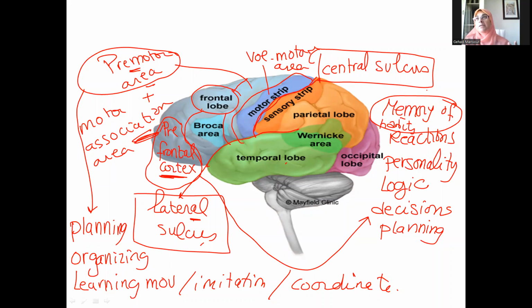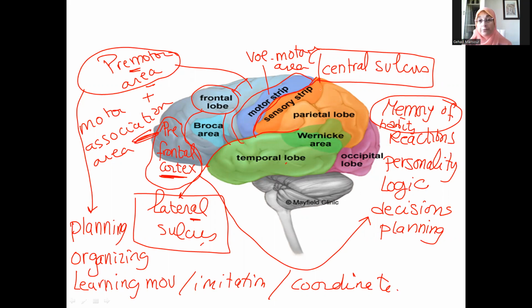In some conditions where we have brain tumors that are compressing only the prefrontal area, we might have difficulty in analyzing, difficulty in logical thinking, difficulty in making decisions, and we might forget ritual habits like making coffee, as I told you, or riding a bike, or driving a car.